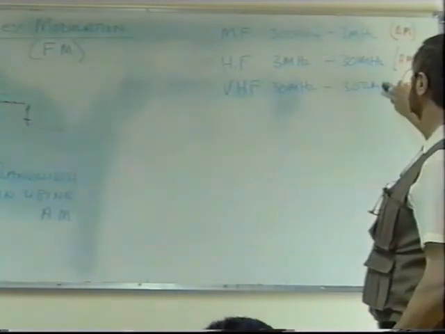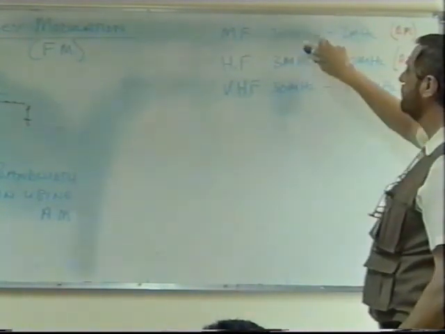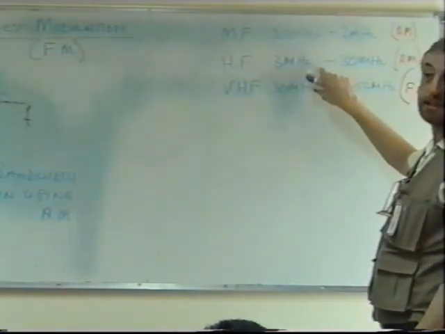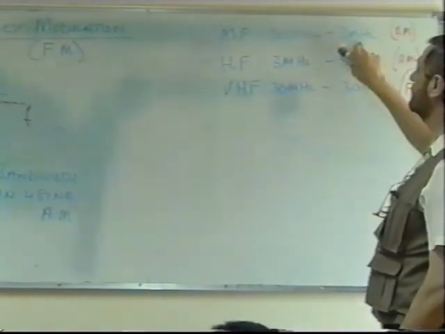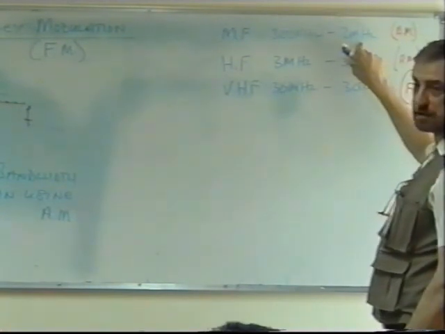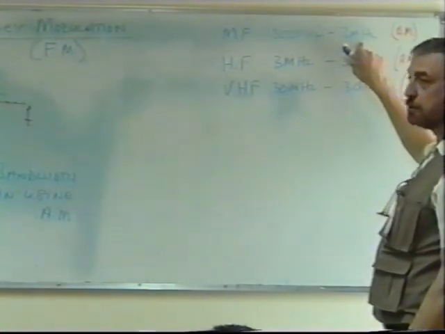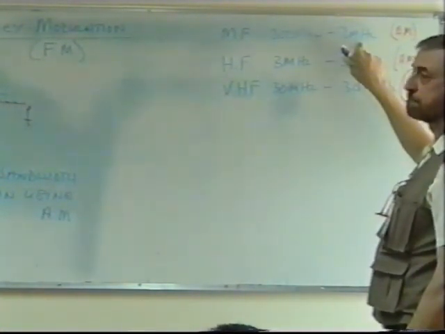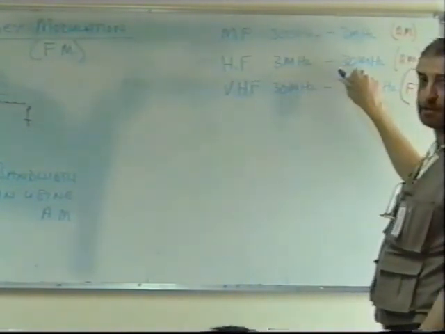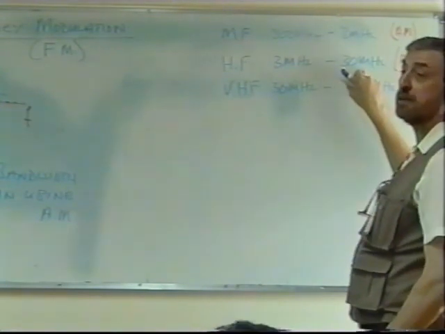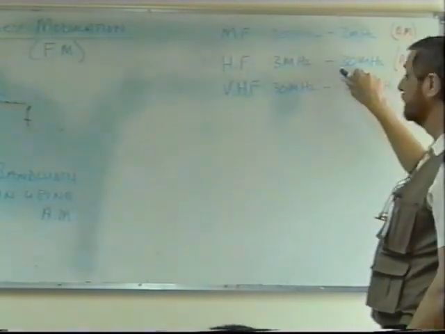That's the reason why we do not use FM in either of these two bands, because there isn't enough room. Here we've only got from 300 kilohertz to 3,000 kilohertz. There isn't enough room for FM signals. It's the same with HF. There's not enough room for everybody to transmit in the HF band using frequency modulation.